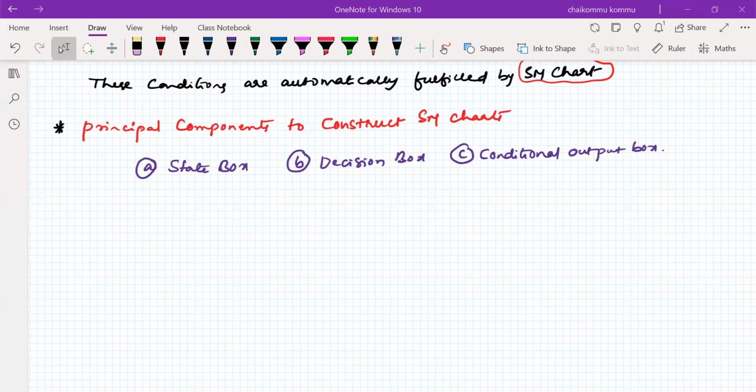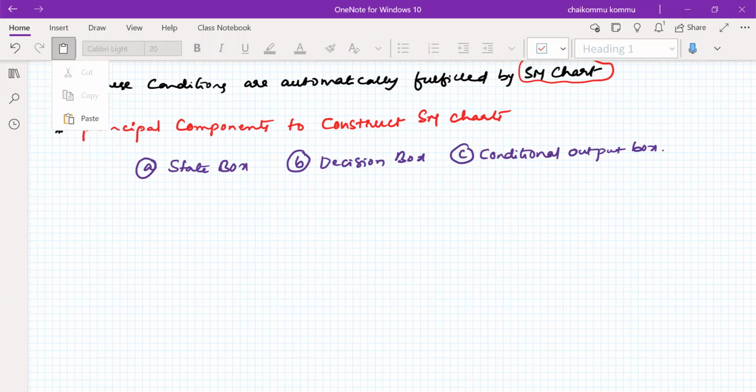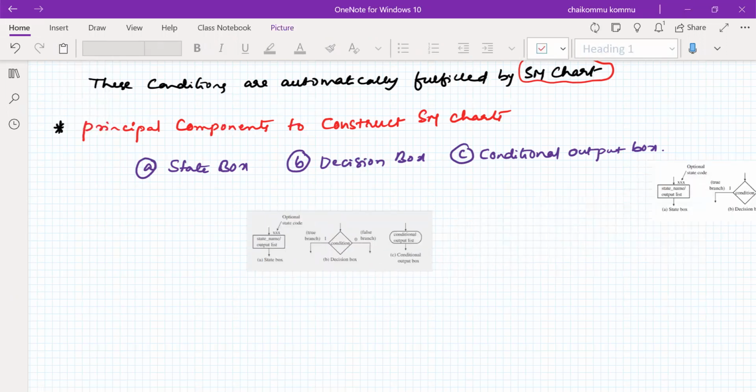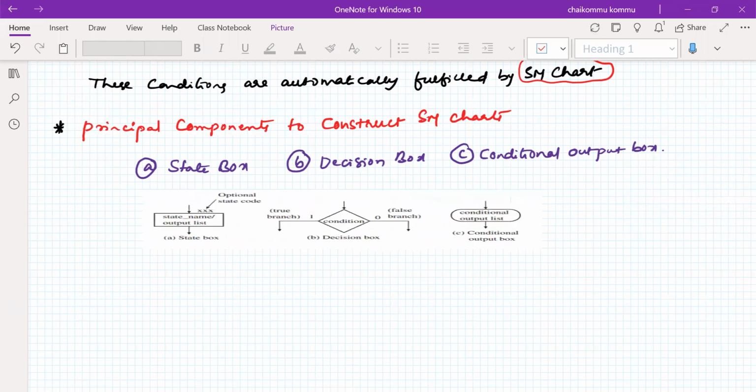These look like this. I want to show you. Copy, paste it here. Something like this.